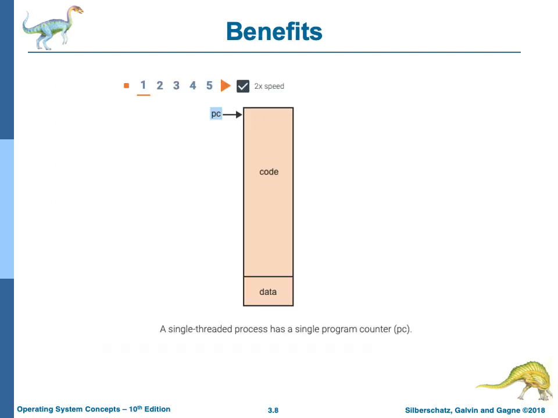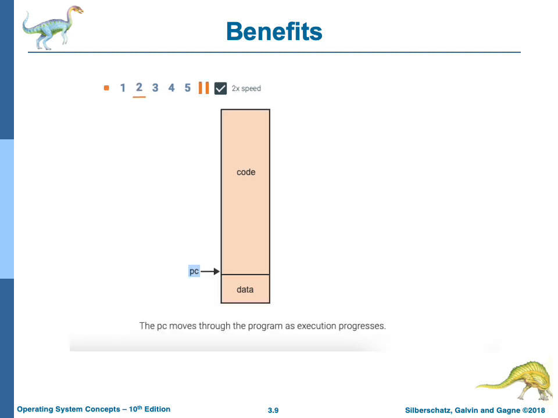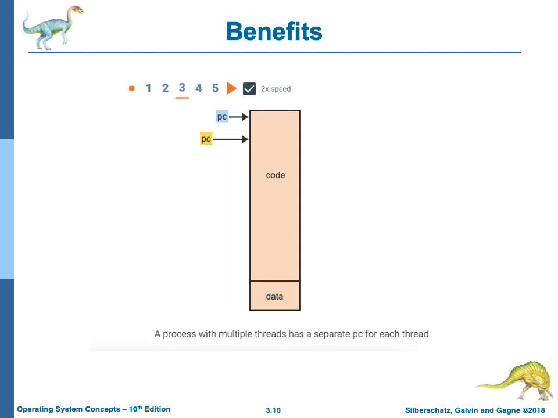So this is a good figure to describe the relationship between threads and processes. What we're looking at here is a single-threaded process that has a single program counter, right? The traditional scenario that we talked about in chapter 3. The program counter keeps moving through the program as the execution continues.